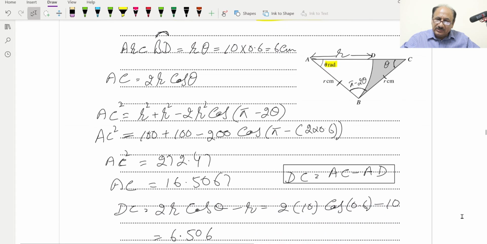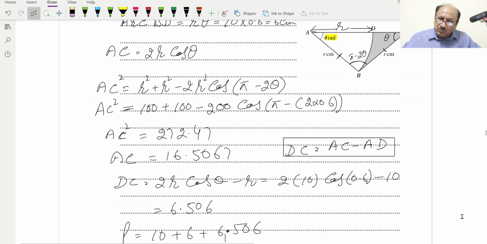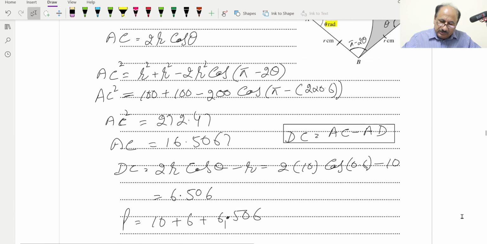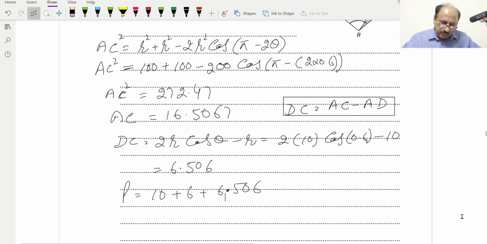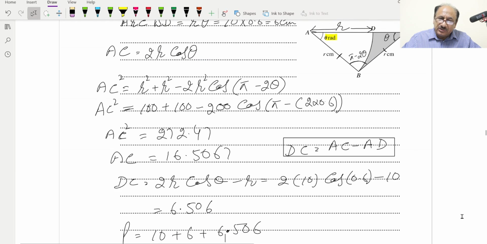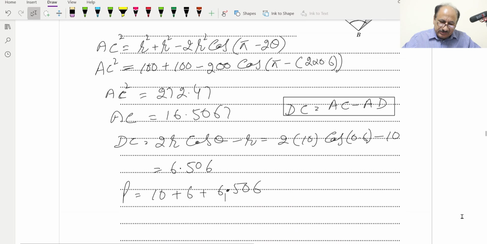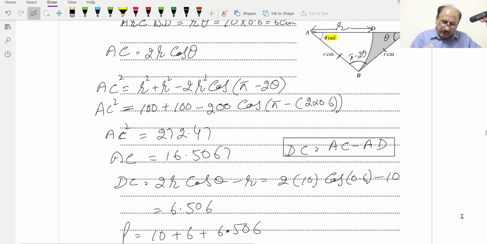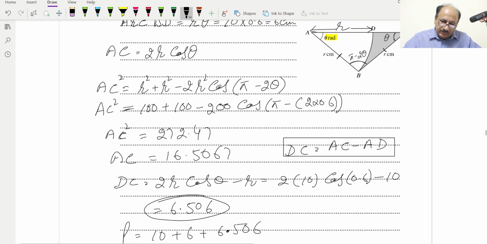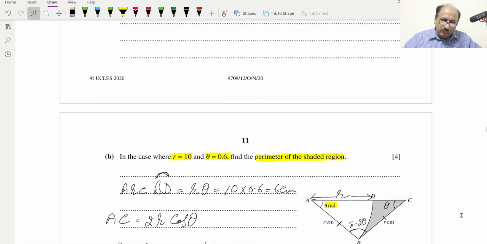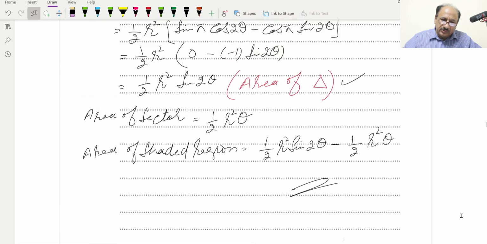Two sides are R, so the perimeter of the shaded region will be 10 plus 6 plus 6.506. The two values are 10 and 6.